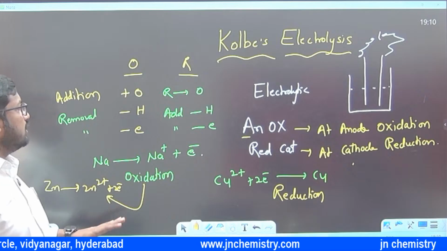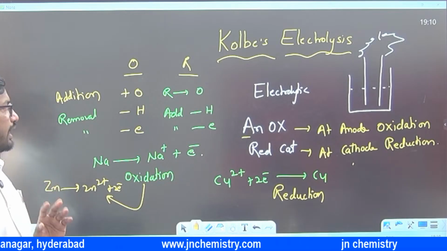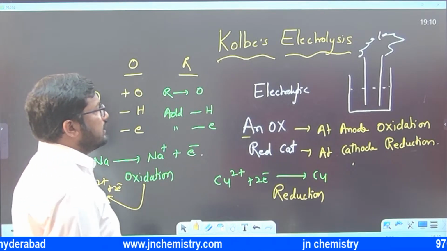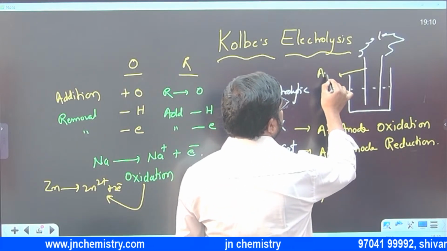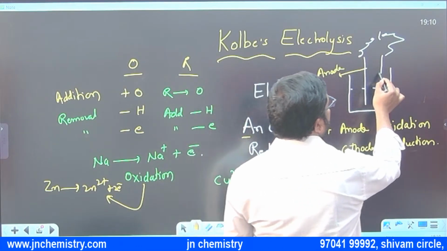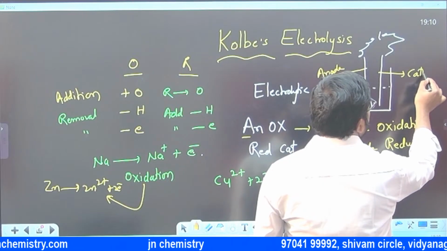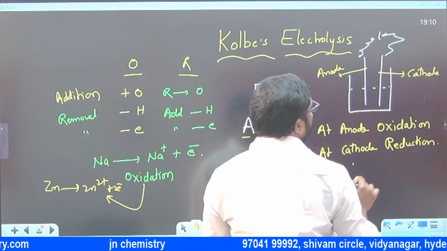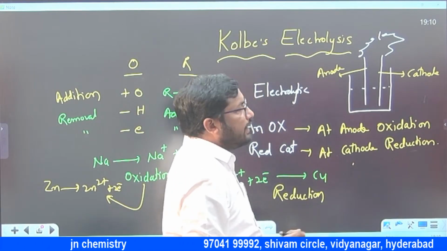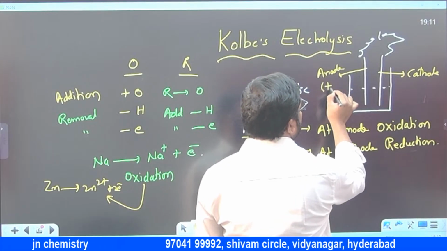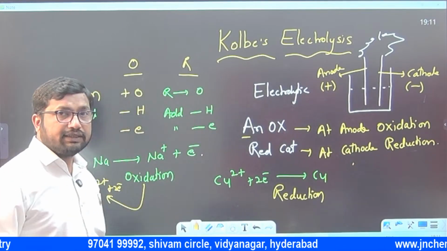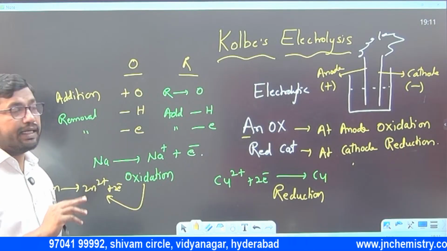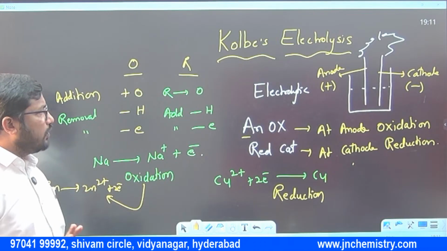Now imagine an electrolytic cell with anode and cathode. Anode is generally positive charge, cathode is negative charge. But in an electrochemical cell in second year it is opposite, but I'm not discussing that.